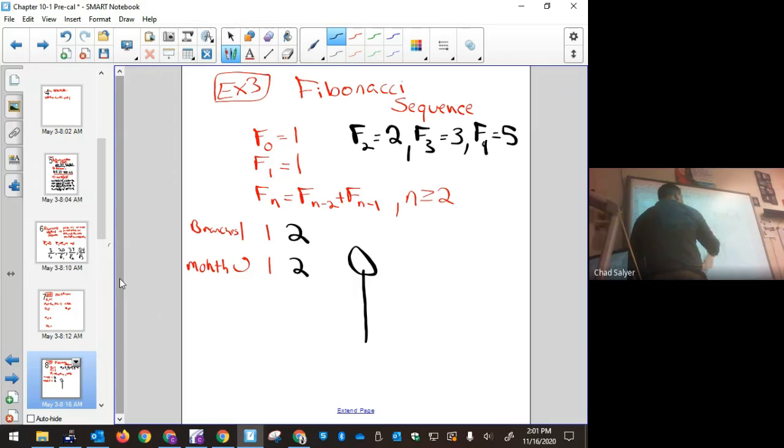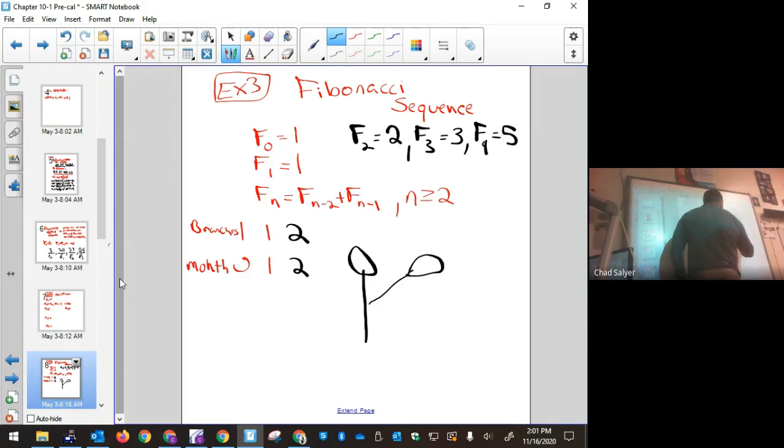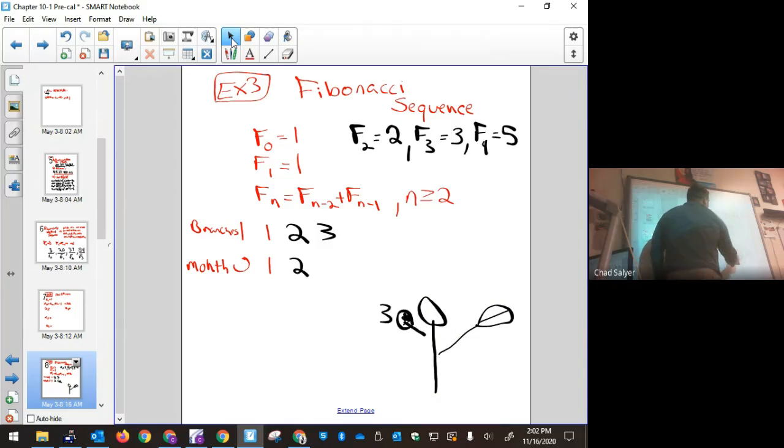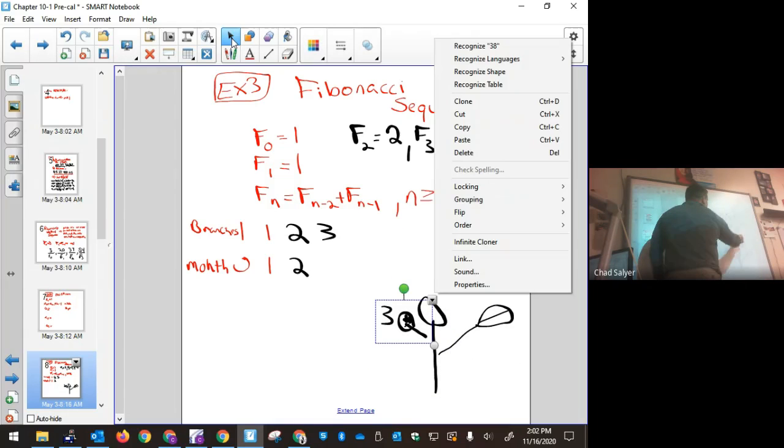So after 2 months, you're going to have 2 branches. So another one will grow out here. But he's fresh, right? He can't bud again. But this other one, he's ready to go again, you see, because he's already had his 2 months.